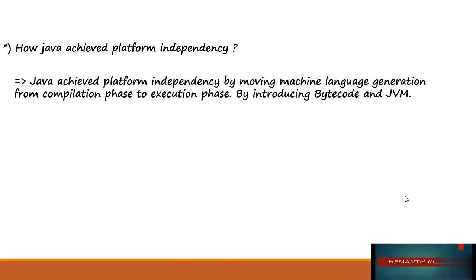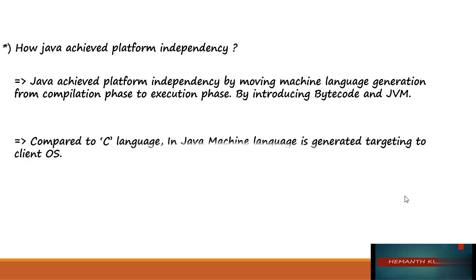Java achieved platform independency by moving machine language generation from the compilation phase to the execution phase by introducing bytecode and JVM. Compared to C language, in Java, machine language is generated targeting the client OS.